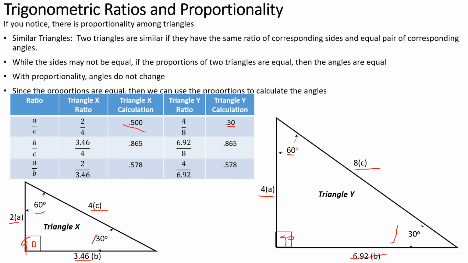Now B to C, my B leg to my hypotenuse, 3.46 to 4, is 0.865. 6.92 to 8 in triangle Y is also 0.865. The ratio of A to B, one leg to the other, 2 to 3.46 is 0.578. 4 to 6.92 is also 0.578. This is important for understanding the proportionality with trigonometric ratios we'll be talking about for the next week or so.